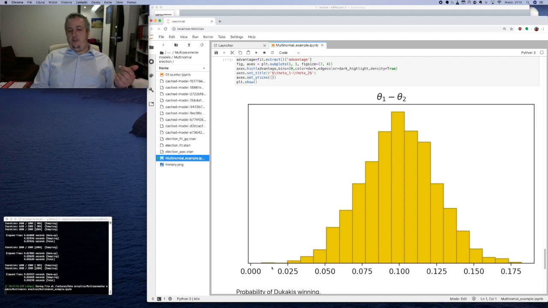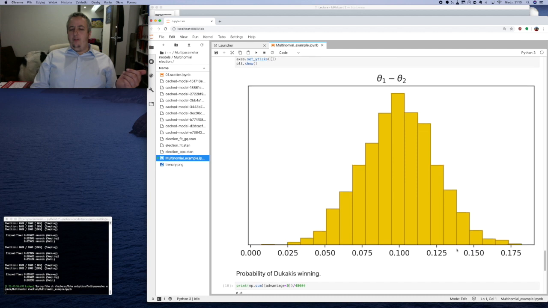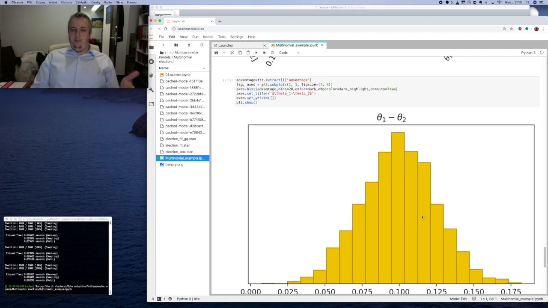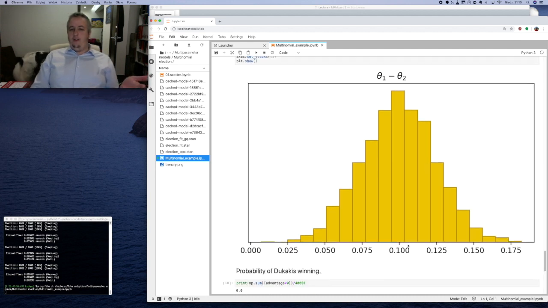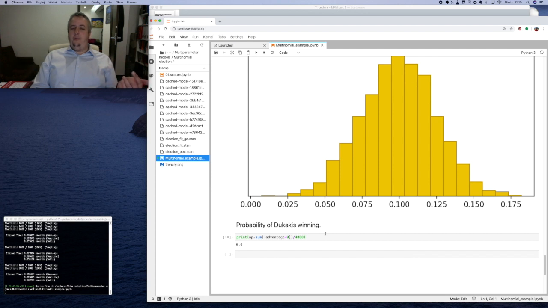So the advantage varies from 0 to 17%, because we can use a percentage scale in our histogram, and we can do some simple sample analysis, taking our samples from our model.